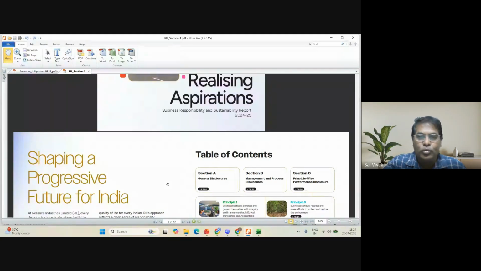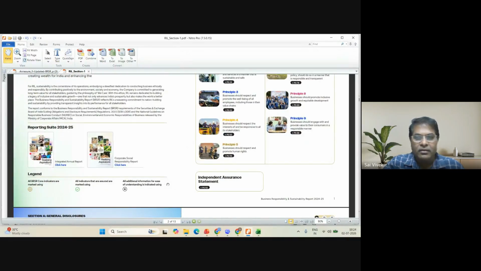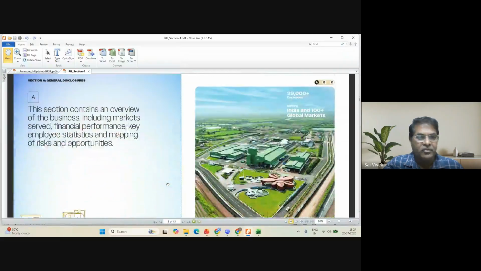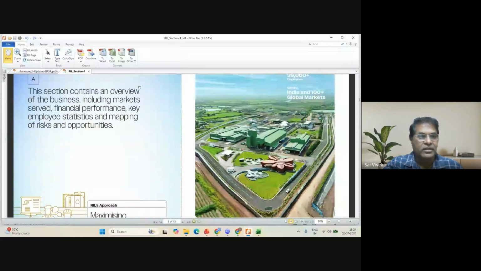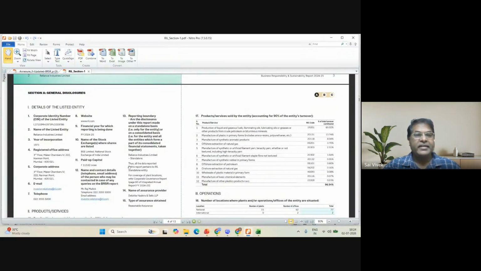So now coming to section A. See here, this is section A. We have seen earlier that serial number 1 should consist of corporate identity number, CIN. See, it is given here, L17 and something, ending with 786.